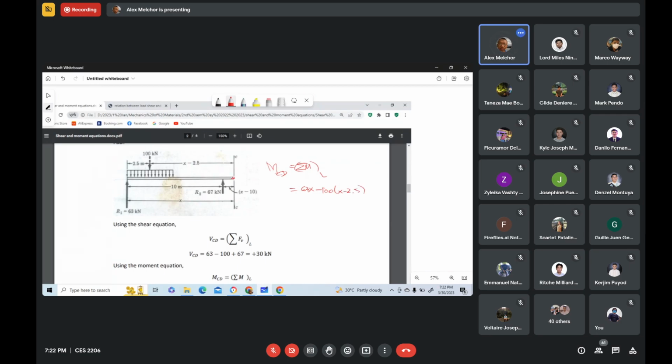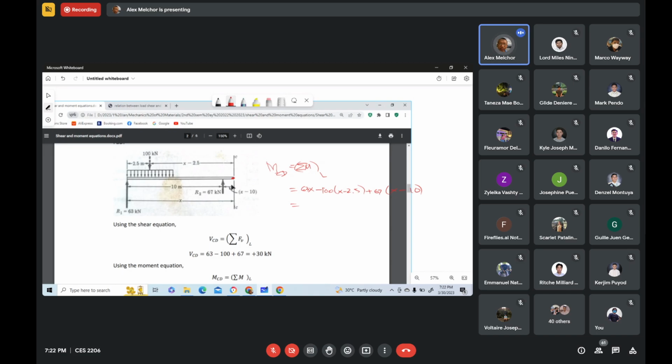then plus 67 times x minus 10, right? So the moment arm of this 67 kilonewton force about this point is x minus 10.